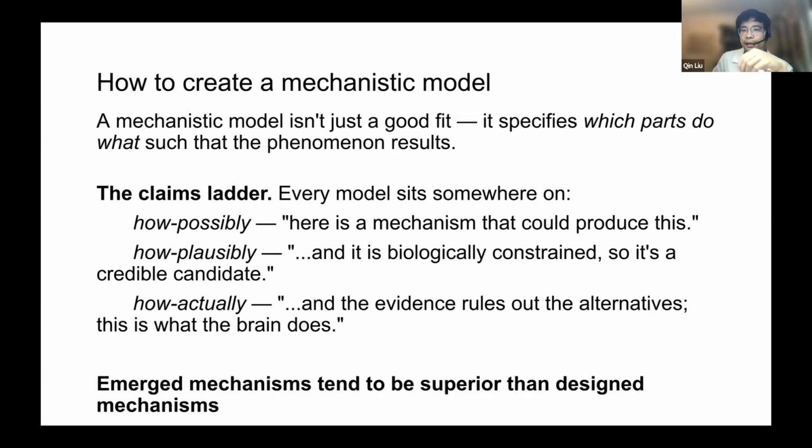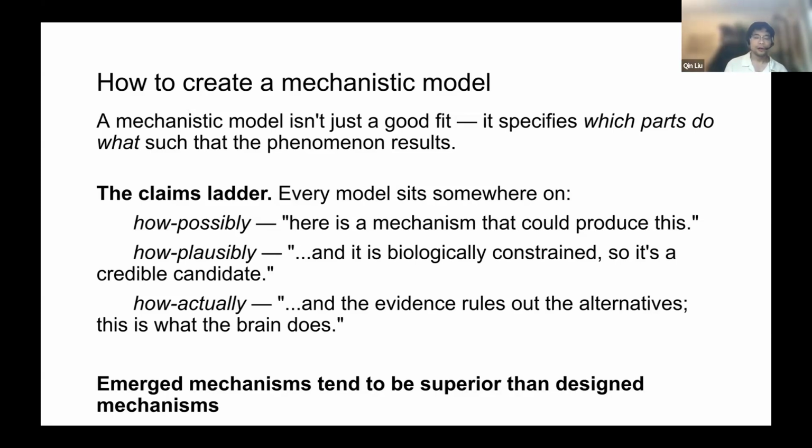But we need to add some biological constraints to make it plausible, because there may be multiple candidates that can simultaneously perform this brain function. And then we need more evidence, either from experiments or from computational simulations, that can rule out some of the alternatives. And then we can confidently say, okay, this is actually what the brain does.